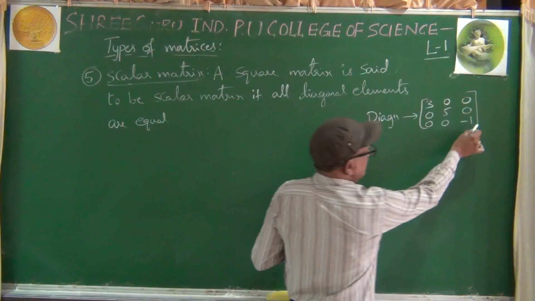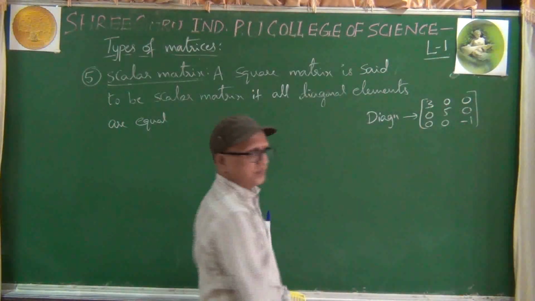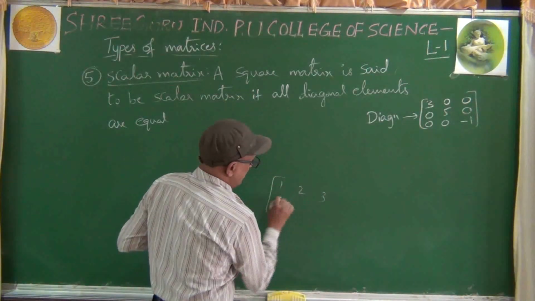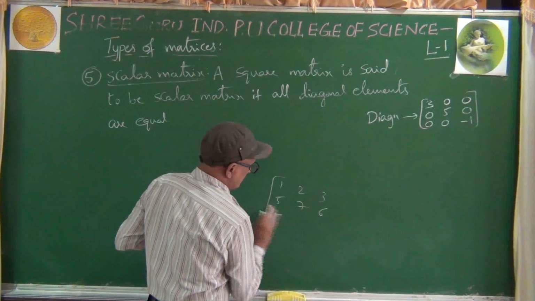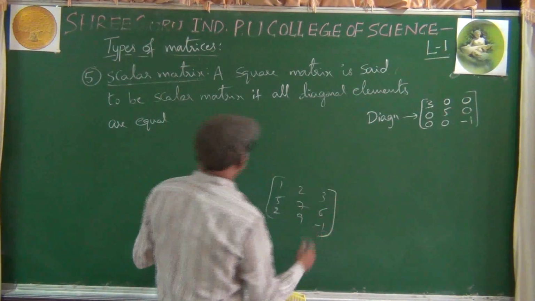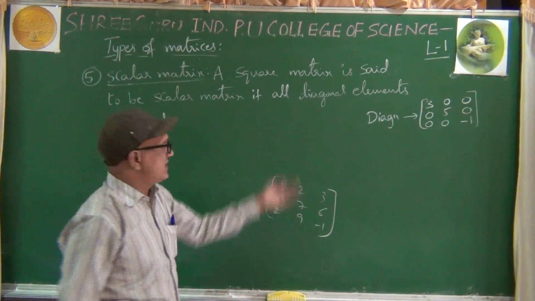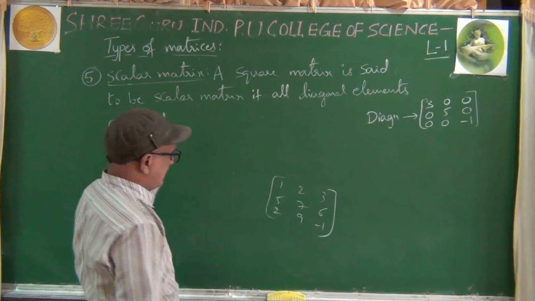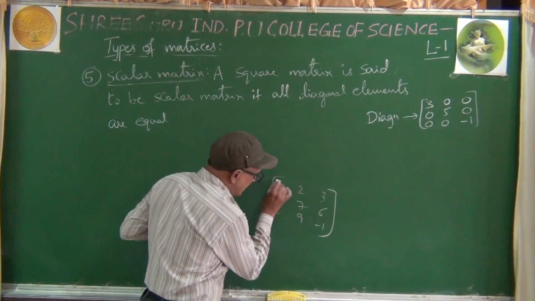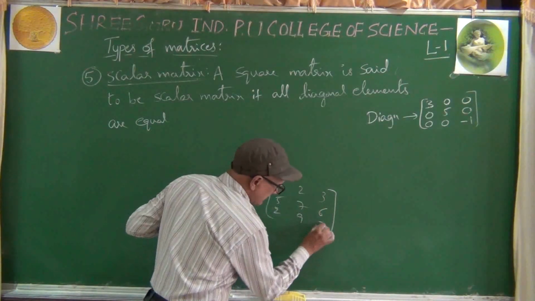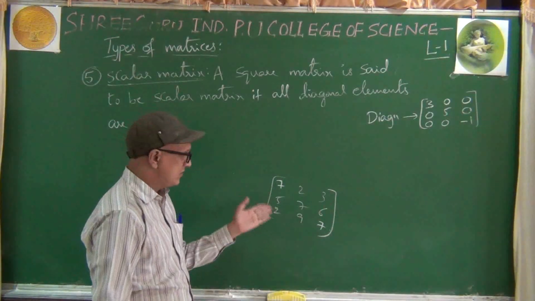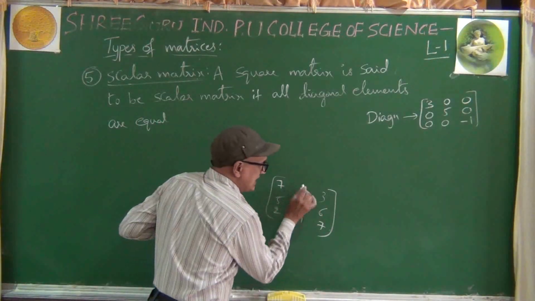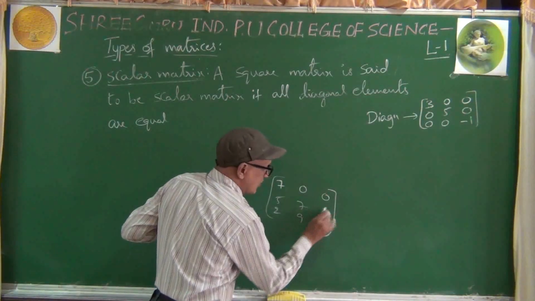Same. These are called diagonal elements, I told. A square matrix means this one: 1, 2, 3, 5, 7, 6, 2, 9, minus 1. Yes, it is a square matrix, said to be a scalar matrix if all diagonal elements are equal. Here 7, 7, 7. Is it a scalar matrix? No, it is not a scalar matrix. These things should be 0.